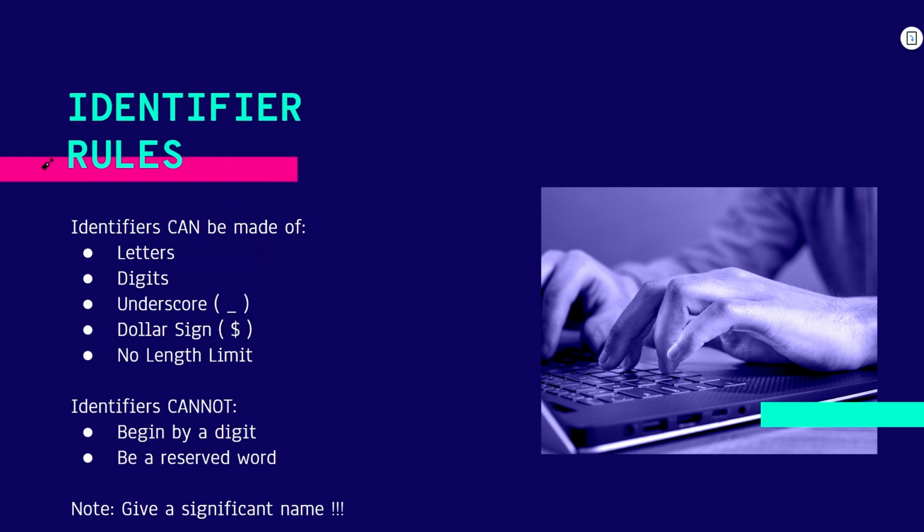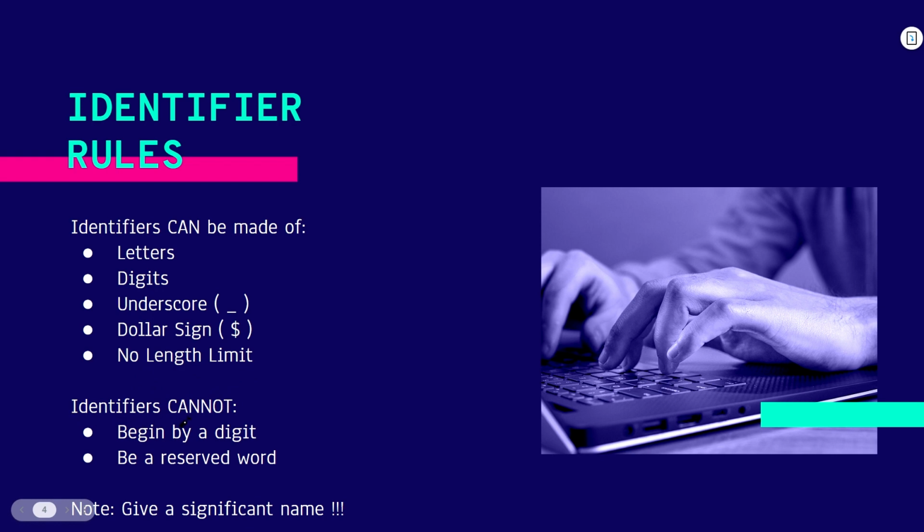Now identifiers have certain rules that we need to follow. Identifiers can be made of letters, digits, underscores, and dollar signs, and have no length limit. So we can name a variable, method, or class with these, of any length that we wish.